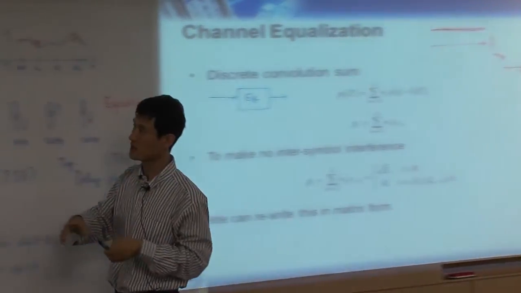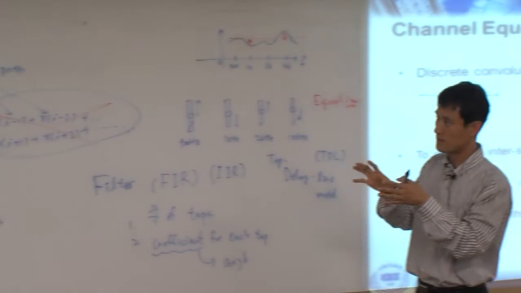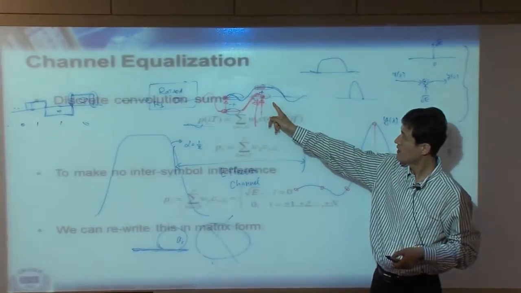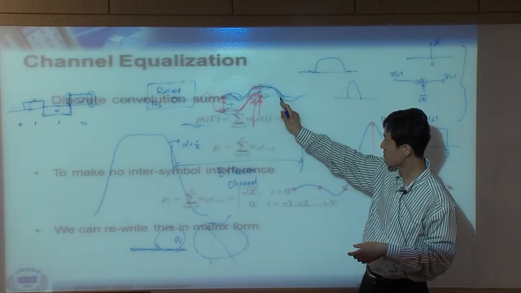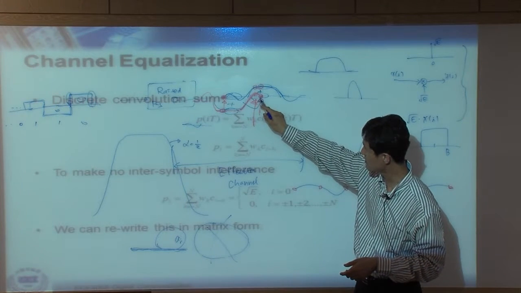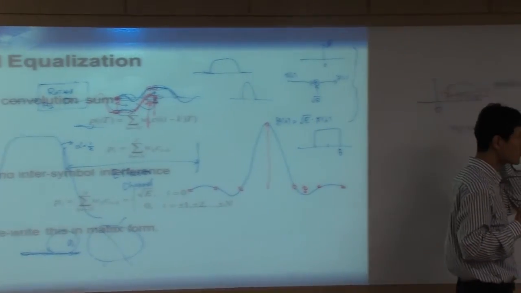Input is something like this. You have some signal, some symbol here, but the next symbol has interference, ISI, here. So that is our input.